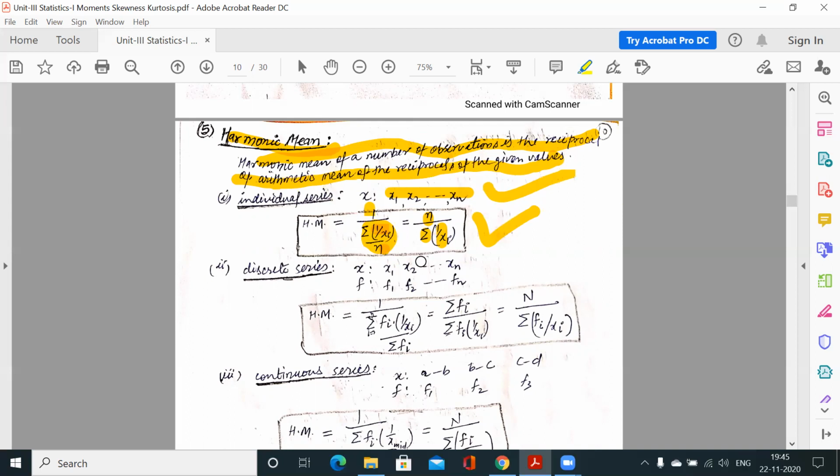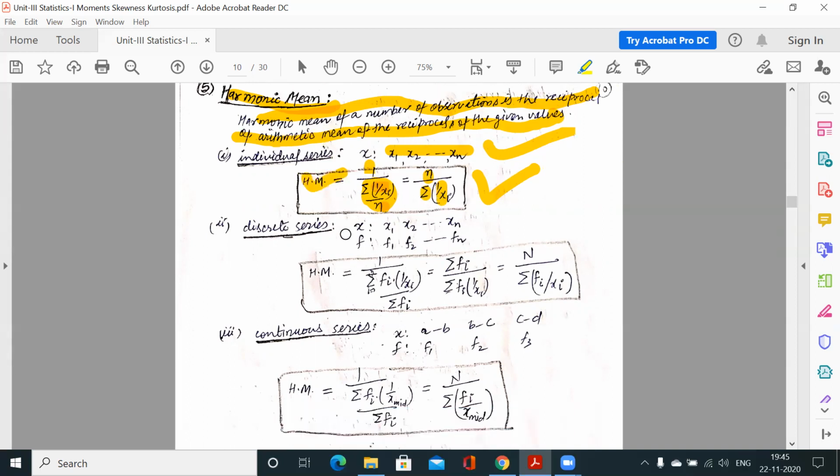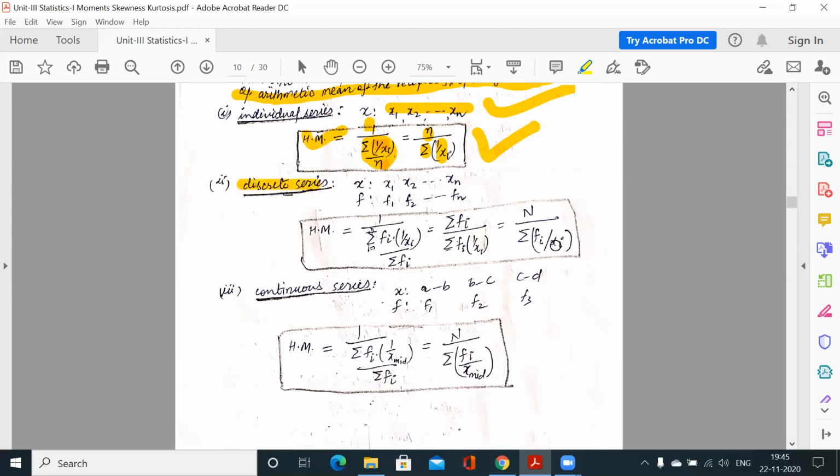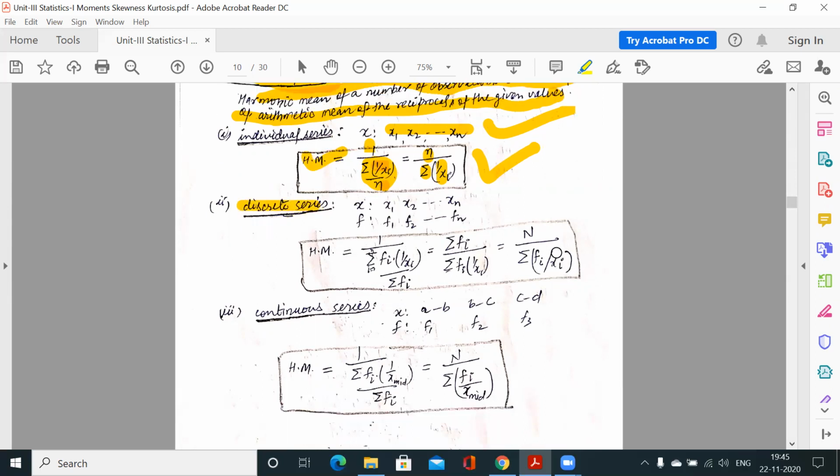Suppose we have been given an individual series: take the inverse of all the values, 1 by x1, 1 by x2, 1 by x3, add all the values, calculate how many points are there, and n divided by that summation is our harmonic mean. Similarly, for discrete series, you have to reverse every number, 1 by x1, 1 by x2, 1 by x3, and multiply each by its corresponding frequency: 1 by x1 into f1, 1 by x2 into f2, 1 by x3 into f3.